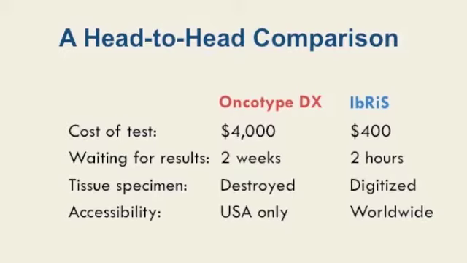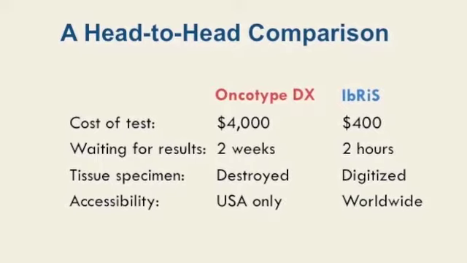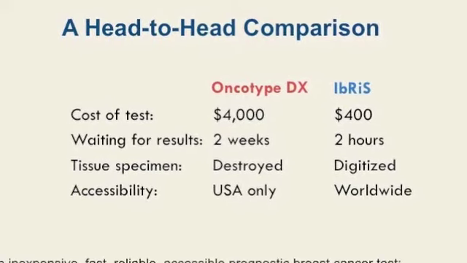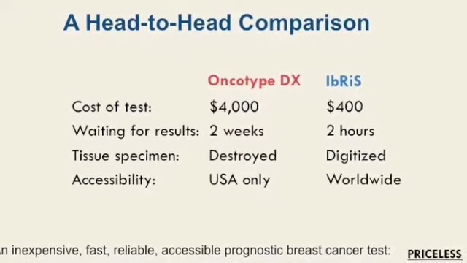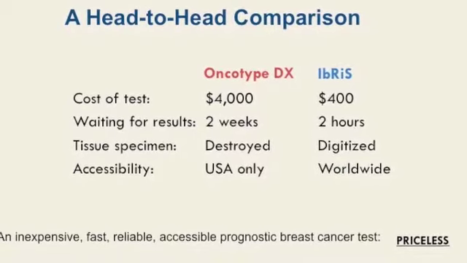So why is this important? This is my tongue-in-cheek comparison between Oncotype and IBRIS. It's not an endorsement. It's not an advertisement for the image-based risk score. But I really want to drive home the message about how, particularly in the developing world, in lower middle income countries, an image-based predictor that does not destroy tissue, that uses just digital images, can have a major impact.